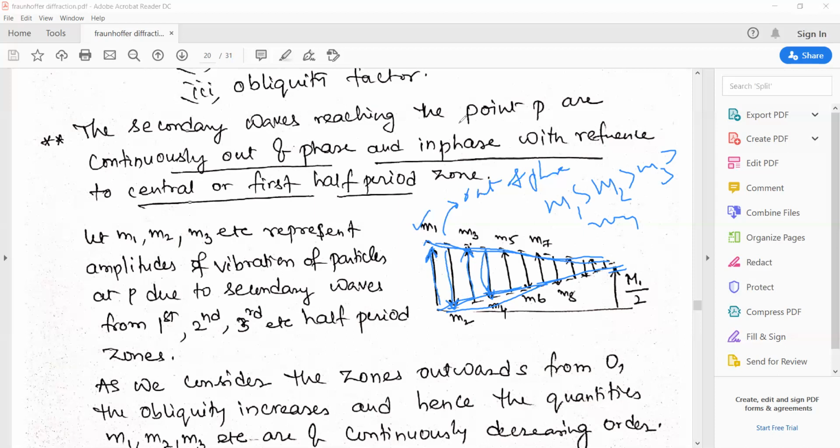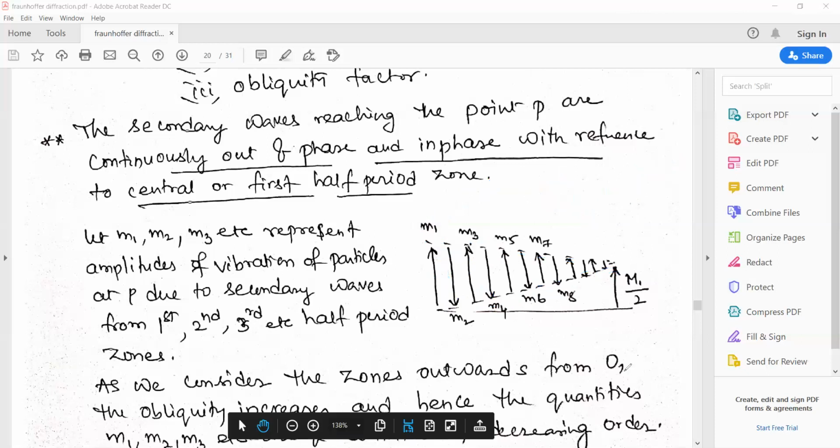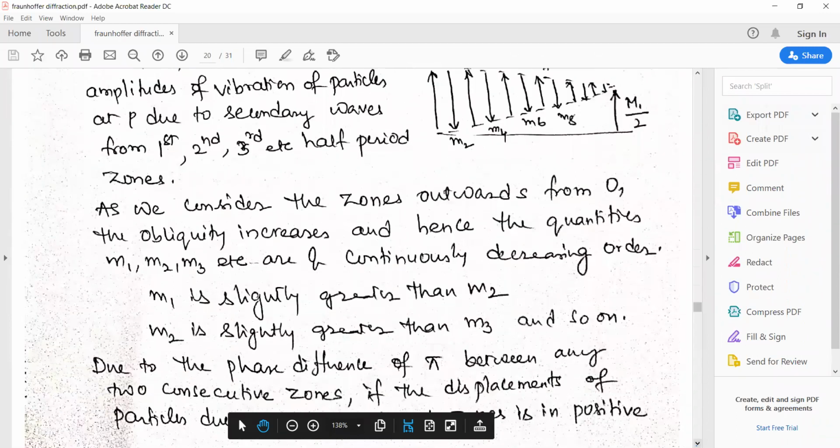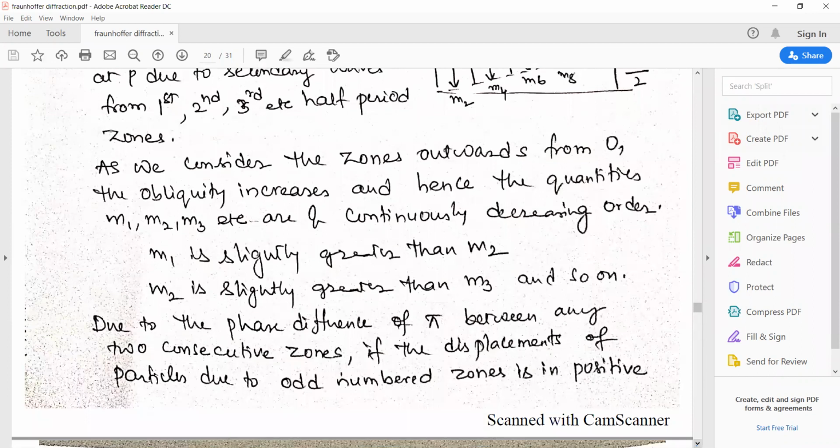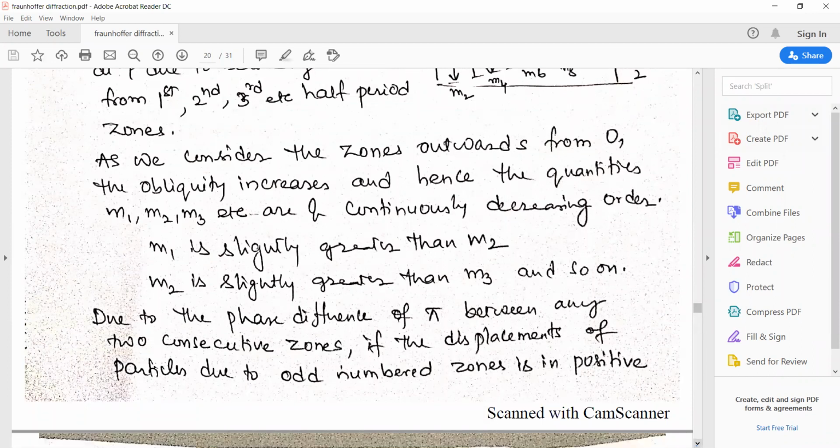So as we consider zones going out from O, obliquity is increasing, and amplitude keeps on decreasing. M1 is greater than M2, greater than M3, greater than M4.